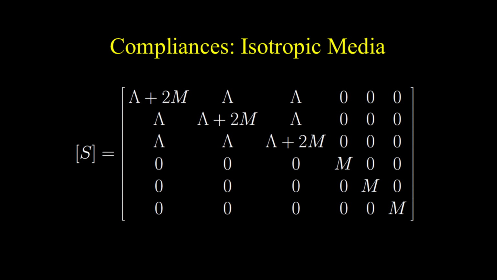Using the same definition, the compliance tensor can be written as a 2-ranked tensor as follows. Again, it depends only on lambda and mu.